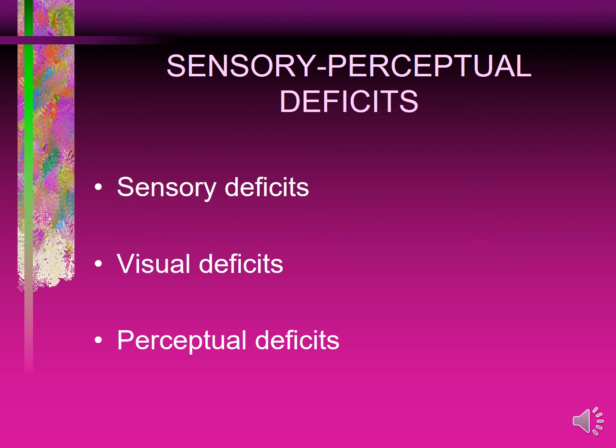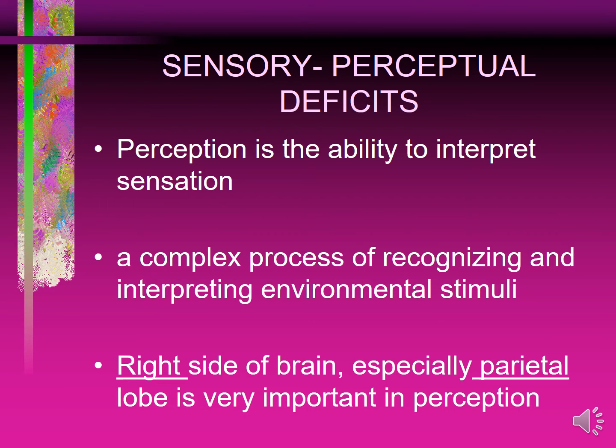Another area of deficits for someone who's had a stroke are sensory perceptual deficits. And these can be divided up into sensory, visual, and perceptual deficits. This is something that you need to be more aware of because it's not so obvious as someone who can't walk or someone who can't speak. So you need to really be looking out for these types of deficits.